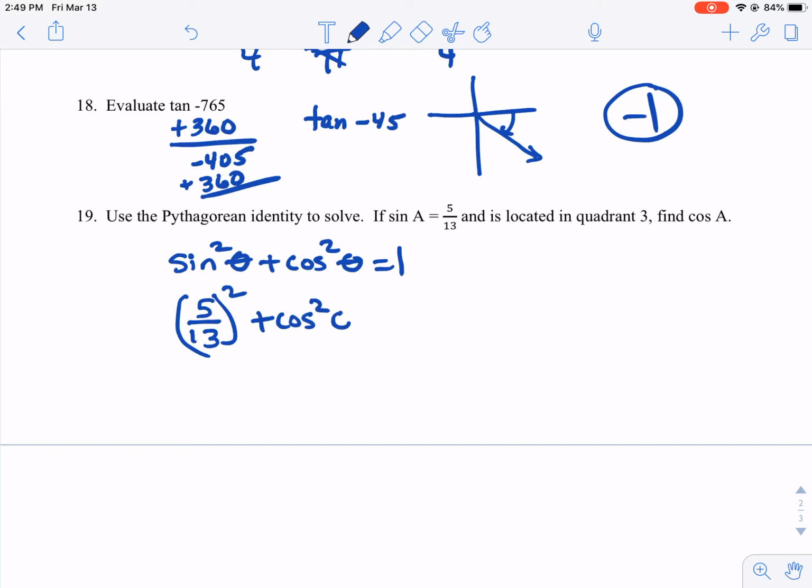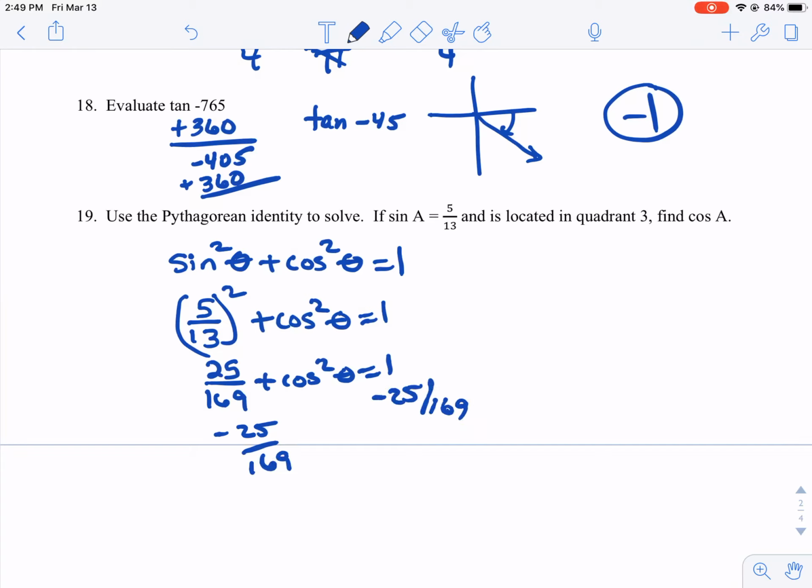This gives you 25 over 169 plus cosine squared theta equals 1. Subtract 25 over 169. Cosine squared theta equals 144 over 169.